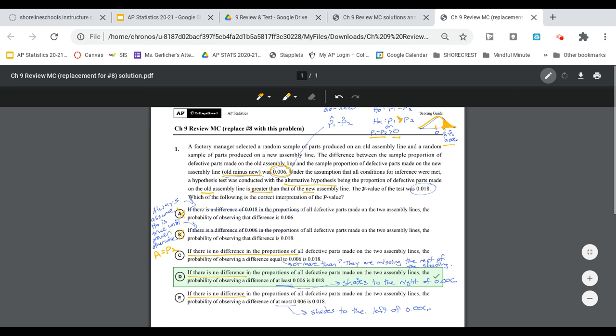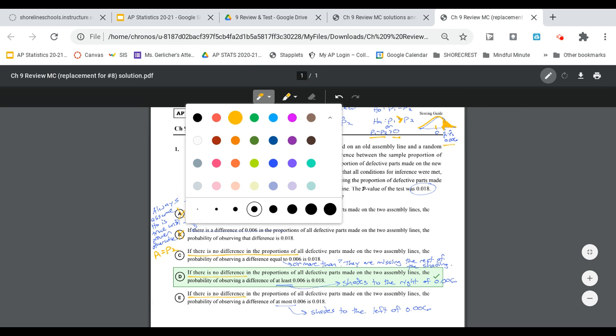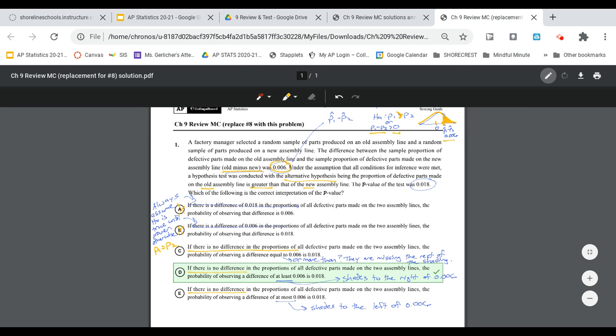So if they say equal to 0.006, that's referring to right here, exactly 0.006, but that's missing all the rest of the shading. So part C is only doing the red line there. It's missing all the rest of the shading. That's why it's wrong. D is saying at least 0.006.